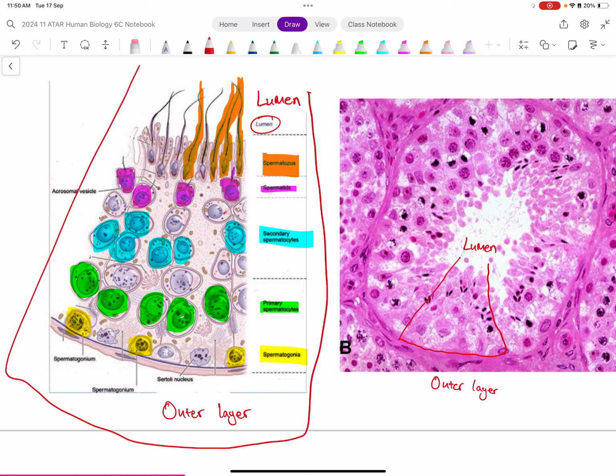And as we go through, primarily we look at spermatogonia, moving into primary spermatocytes before developing a little bit further into those secondary spermatocytes, and then we have a layer here of spermatids, and unfortunately it's a little bit too difficult to see the spermatozoa, but we would expect our spermatozoa to be existing in this area here.